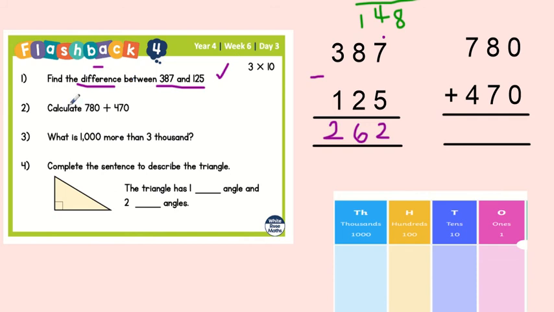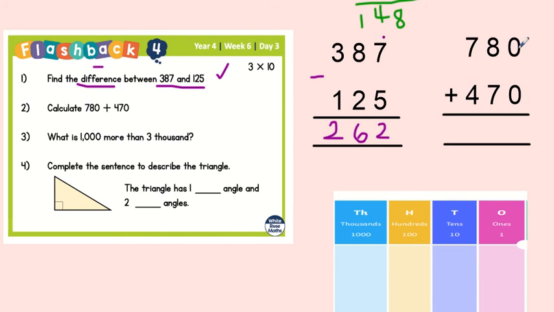Right, let's have a look then at the next question. We've got to calculate or solve 780 add 470. Now, I think most people have probably used either a mental method with some jottings or the column method.